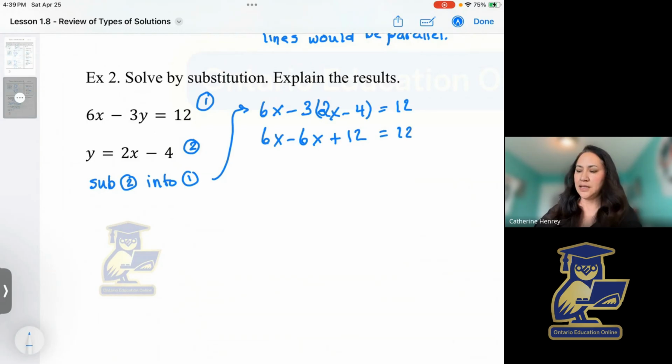In this case, the 6x minus 6x, those are going to cancel. And here I'm left with 12 on the left and 12 on the right. In this case, 12 is always equal to 12. So this is always true.